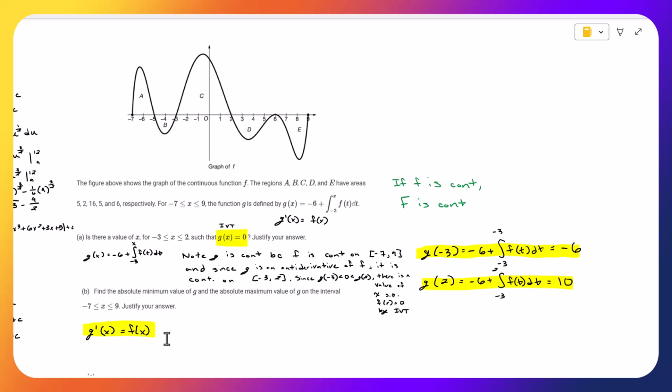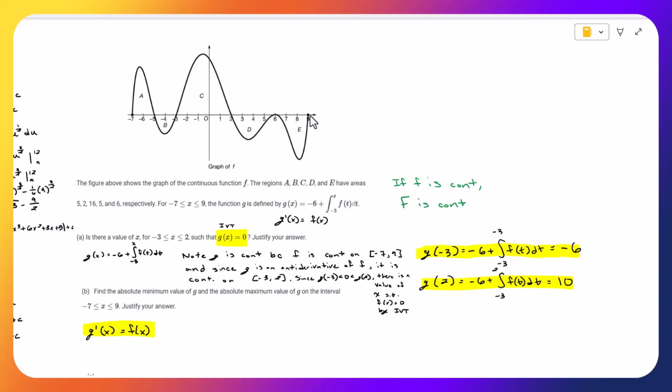And so now we need to think about minimums and maximums, and we're going from -7 to 9.